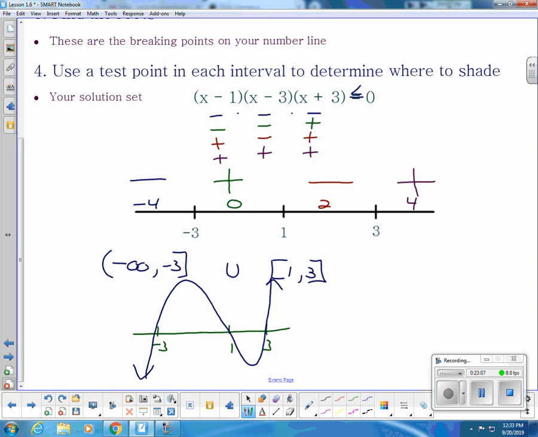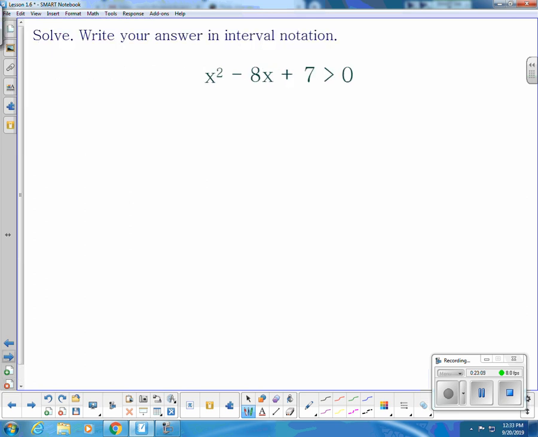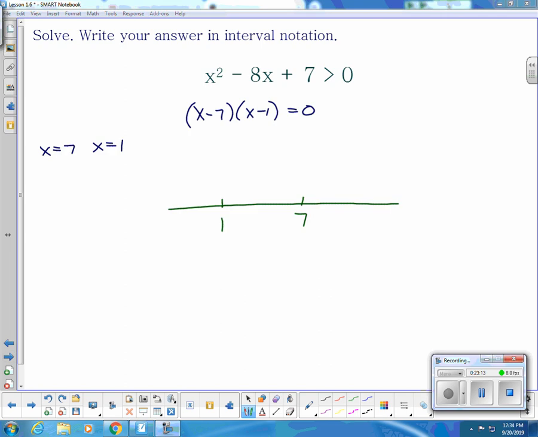All right. So, why don't you guys try this one real quick. Factor, factor, factor. We are there with the number line. Ready to do test points?